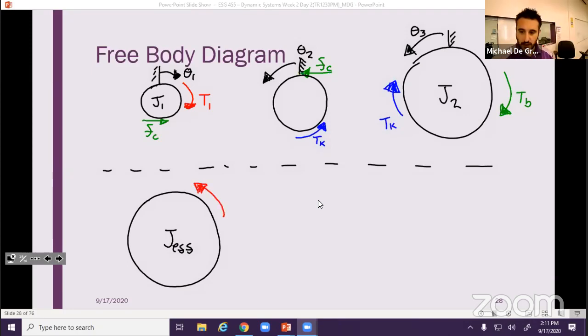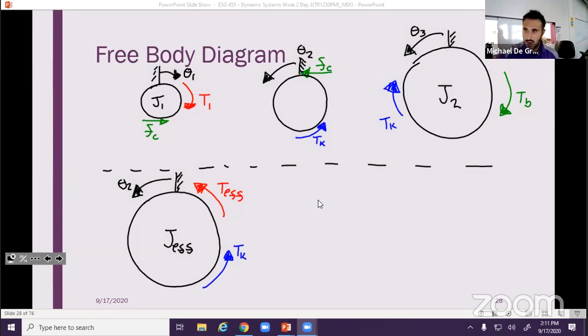Jeff has some torque, T effective, right? We know that this has to be moving by theta 2, because we've shifted our entire system to the point where we're now past the gear. And we still have our T sub K. Still going to be the same.